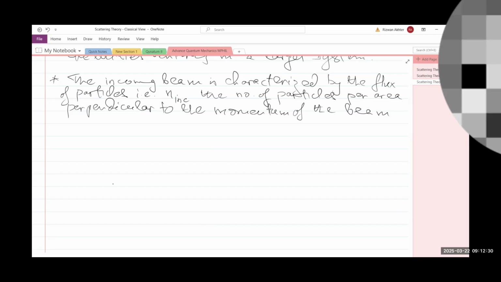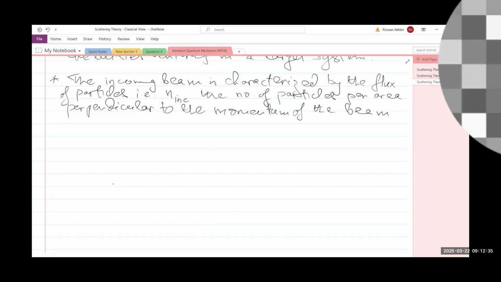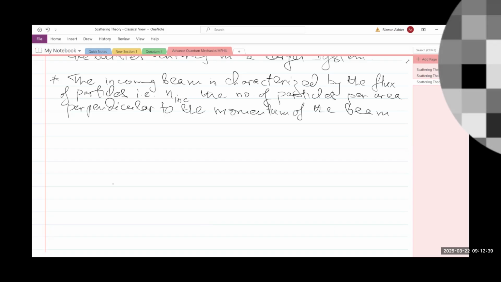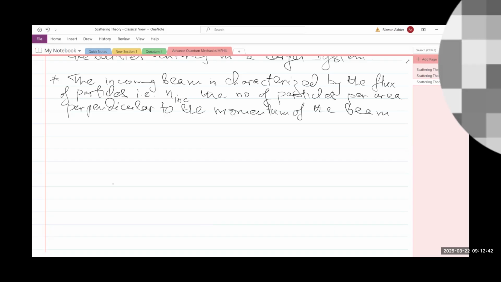And then in the same experiment, we count the number of scattered particles. So we have small n_inc, the number of incoming particles. We can denote the outgoing or scattered particles by capital N with a subscript SC.